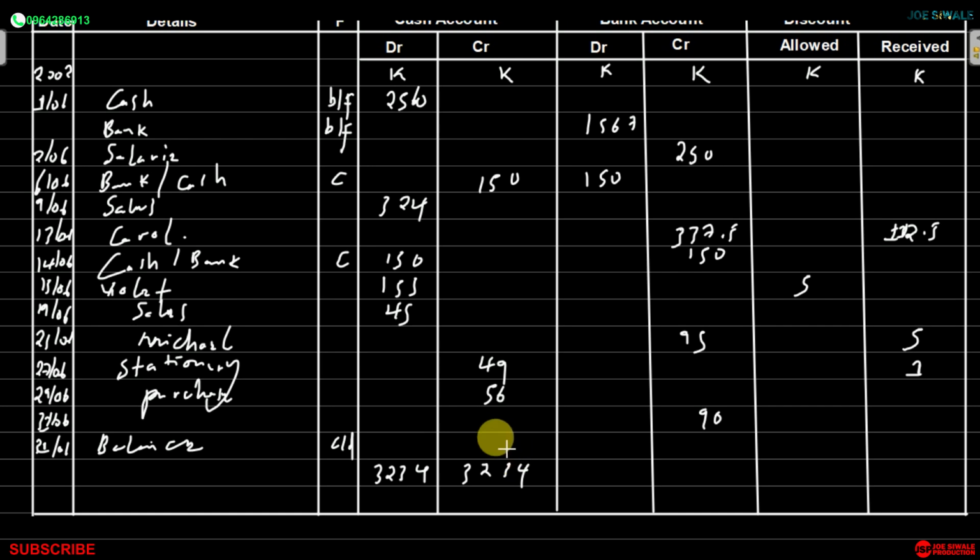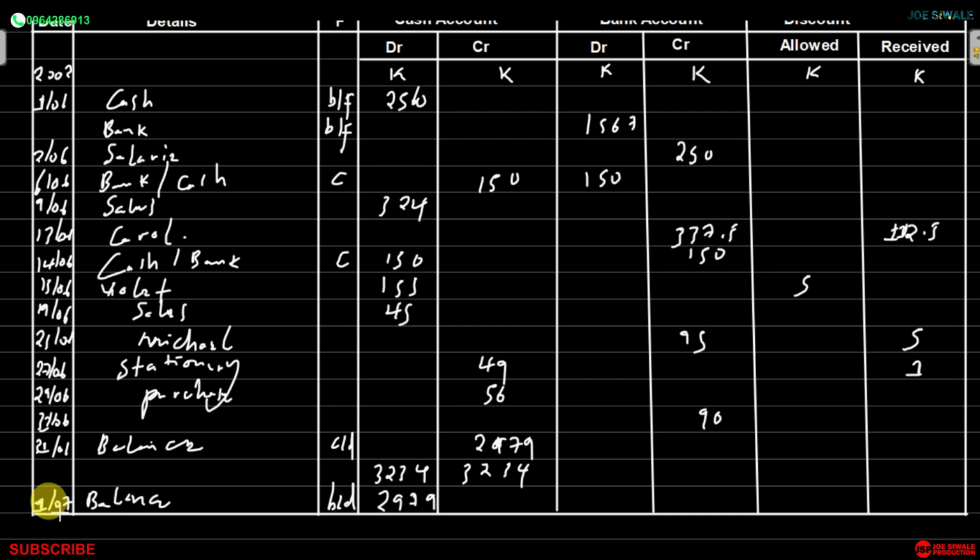So when we find the difference there, the answer that we're going to have is 2,979. And to find our balance brought down, that's going to be 2,979 on the debit side, and this is recorded on the first day of the next month. So that's going to be on the 1st of July.